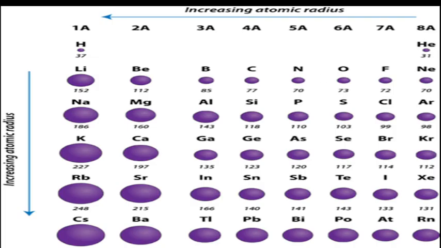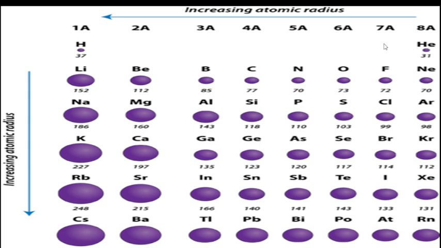In metallic atoms, the atomic radius increases from right to left across a period, for example neon, fluorine, oxygen, then lithium.